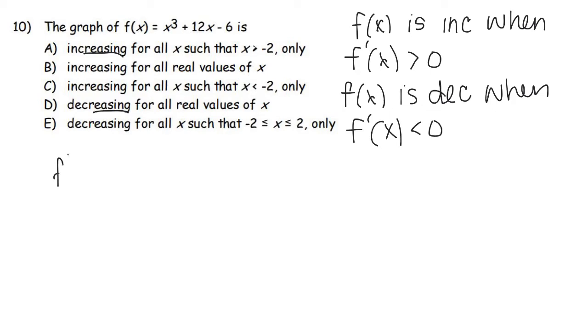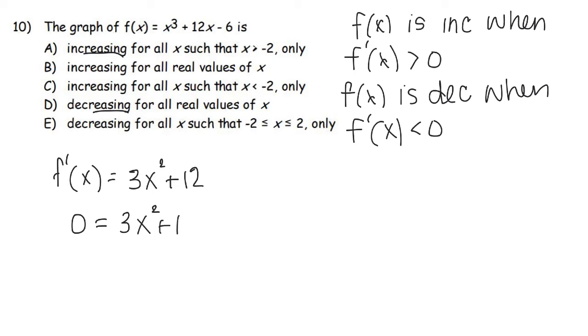So we have f prime of x equals 3x squared plus 12. All right, that's kind of weird looking. If we set this equal to 0, we get 0 equals 3x squared plus 12. It looks like we have a GCF of 3 and only 3. That gives me x squared plus 4.